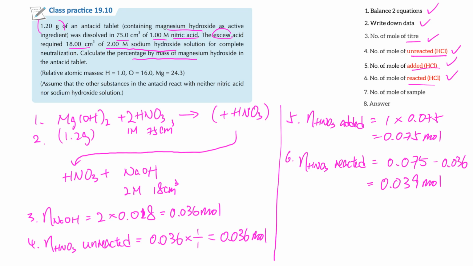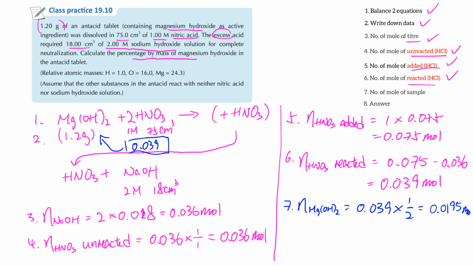So now we know that it is 0.039 mole. We're going to find out the mole ratios. Step 7, the number of mole of magnesium hydroxide, will be 0.039 divided by 2 times 1, and the answer will be 0.0195 mole.